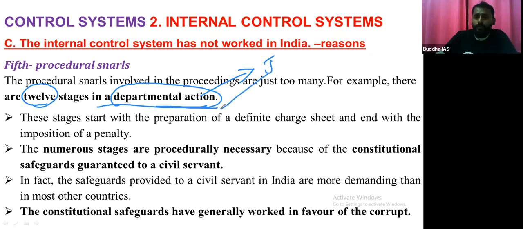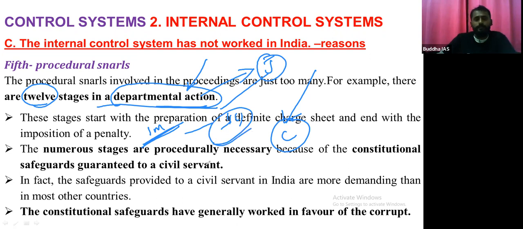They are not produced in a court of law, just departmental action. Say, if a constable or some individual has made a mistake, to punish him within the department there are 12 steps. Think, if each step takes, on a hypothetical basis, 1 month, the process itself takes 1 year if everything goes right.